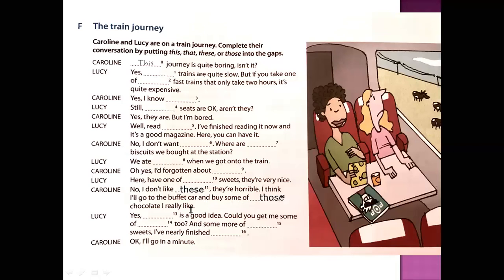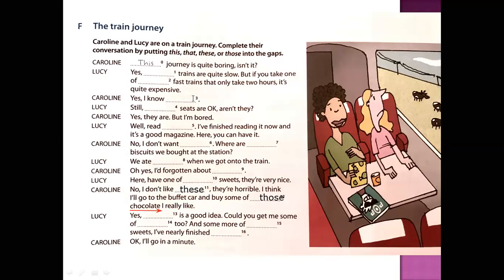Some of that chocolate. You can take some from one chocolate. Because if you see this chocolate, can you count chocolates as a plural with S? No, we can't. It's in singular form, but we can use the form for singular and plural, right? Okay, so here, yes, it's a good idea.